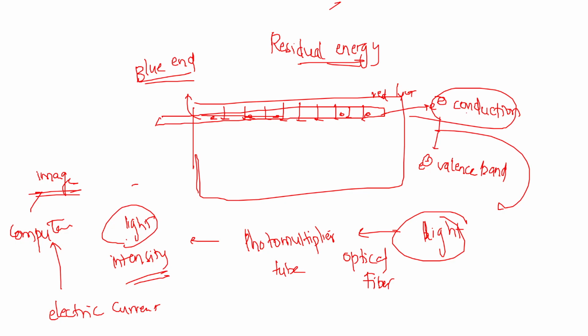For this we expose the cassette again to the laser beam, so that the remaining residual electrons in the conduction band also go to the valence band. The time taken to extract the image is almost 30 to 45 seconds.